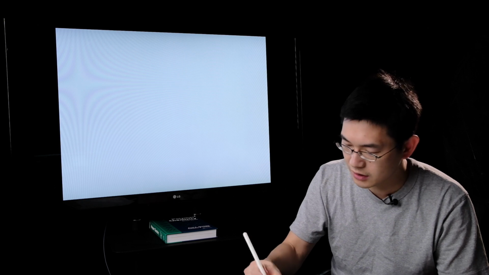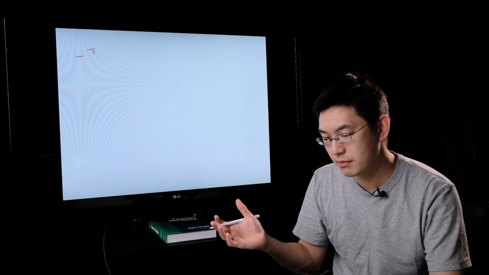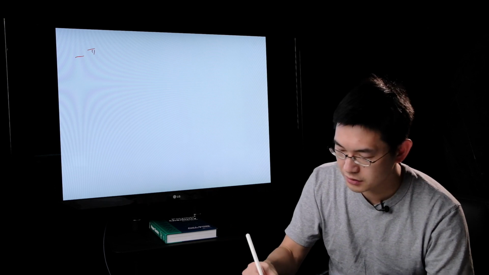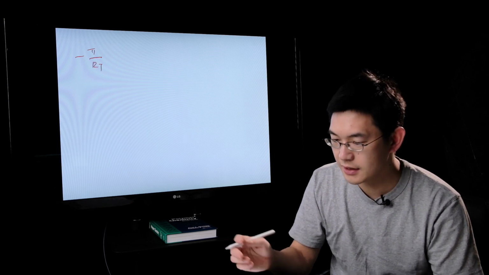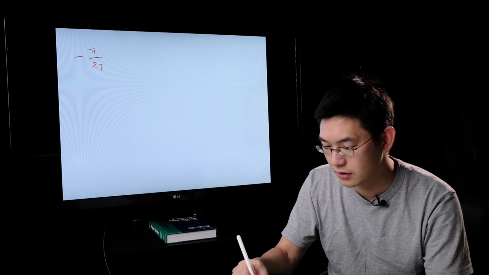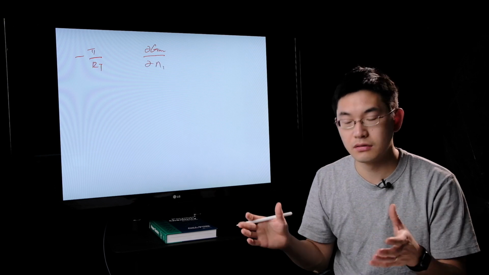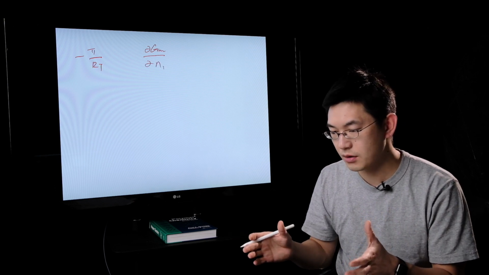So what we need to do is to take the difference in terms of osmotic pressure divided by RT, and that is quite straightforward. We just need to consider delta G M divided by the partial derivative of N1. So what is G M? What is N1?